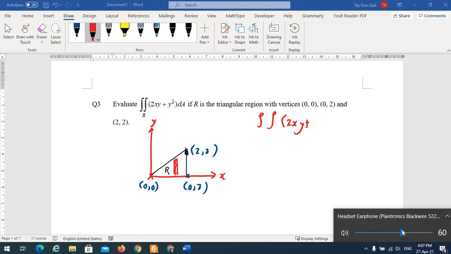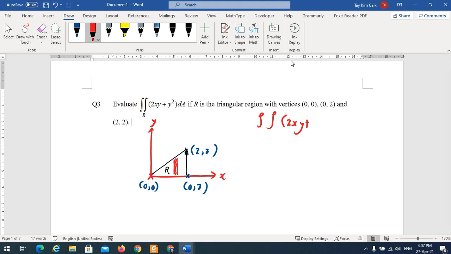You use dy dx, so the integrand 2xy plus y squared, dy dx. If you don't like, you can change to dx dy.